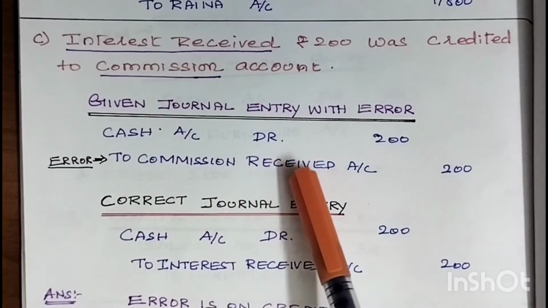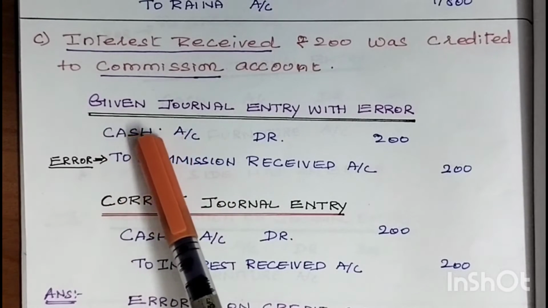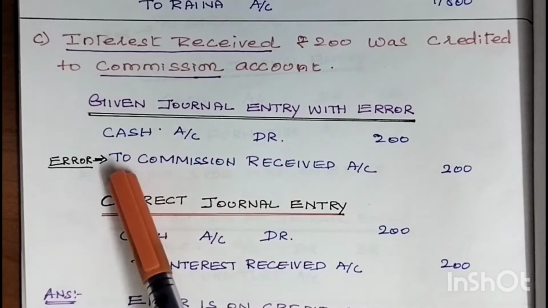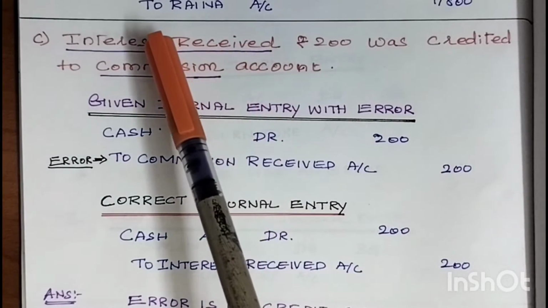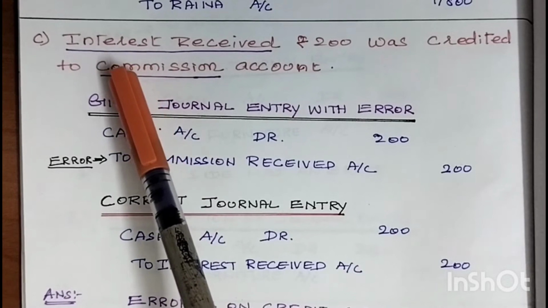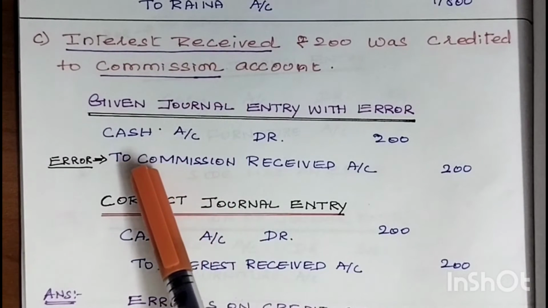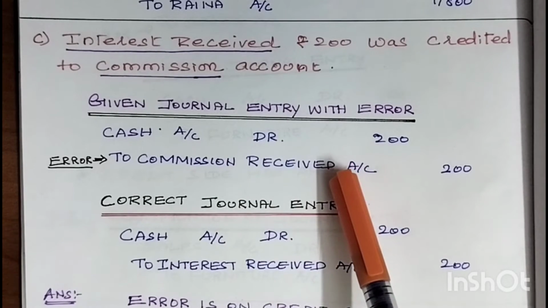So whenever commission received, your cash account increased. Whenever cash account increases, you debited the cash account in the name of commission received account. Okay, an accountant thought commission received instead of interest received. So he entered commission received account on credit side.